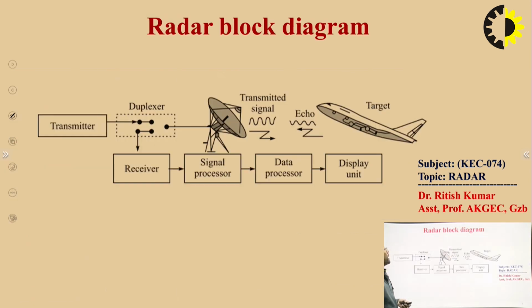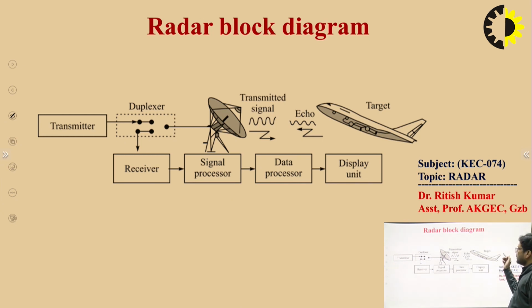Now coming to the radar block. This is the basic block diagram of radar. How are we able to find the location of the target, how big it is, and the environmental properties, with the help of the target?